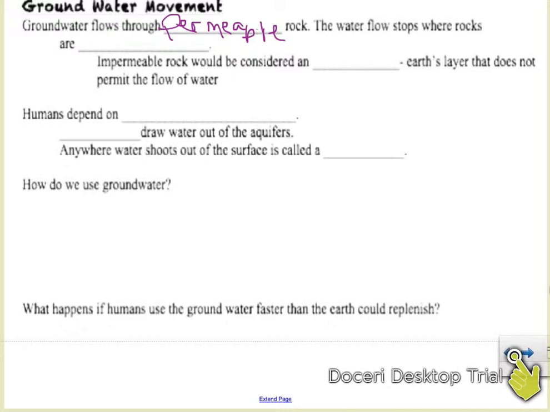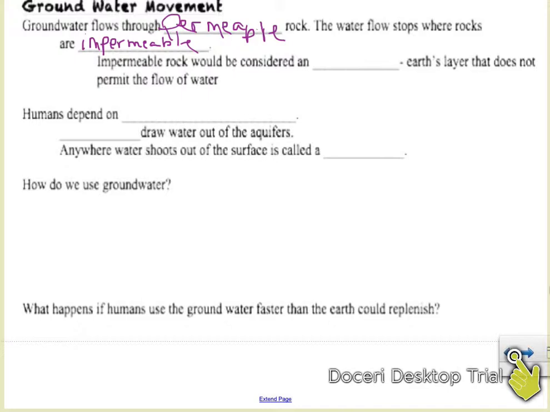Very good. The water flow stops where the rocks are impermeable. Impermeable rock would also be considered a blank, which is an earth layer that does not permit water to flow.